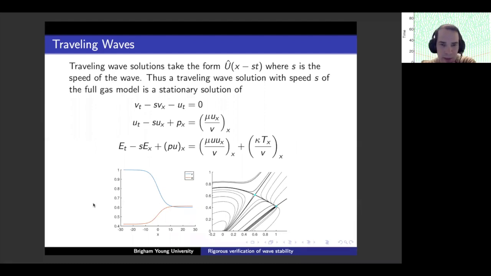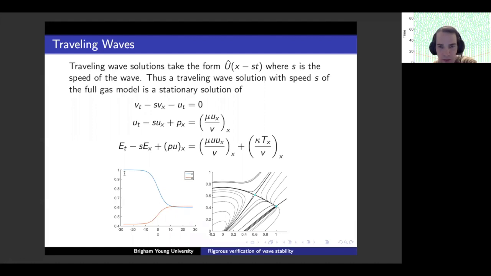Now, if you look at the top equation, when v_t is 0, oh, that's a typo. That far right should be minus u_x. So when you set v_t equal to 0, you see that there's this relationship between u and v. And so for the ODE that we solve for the profile, it's actually just a two-dimensional ODE. So we solve for it in the coordinates v and e.